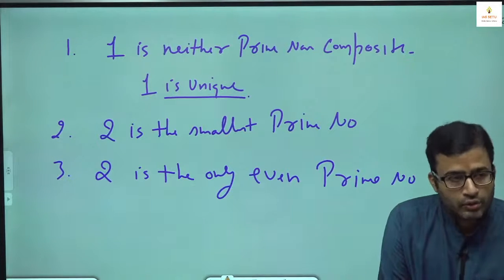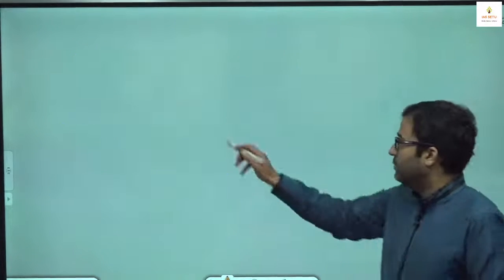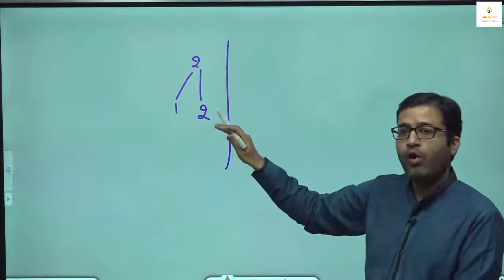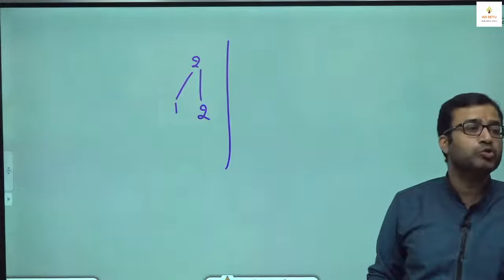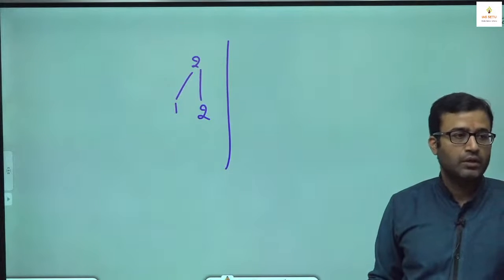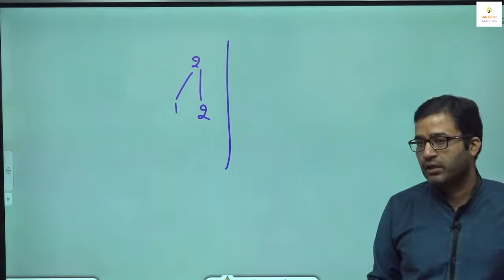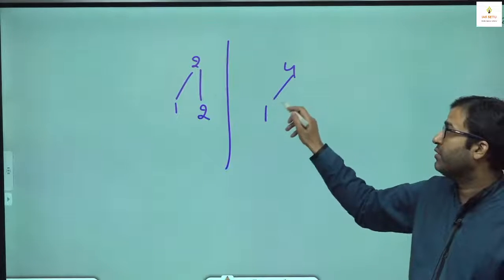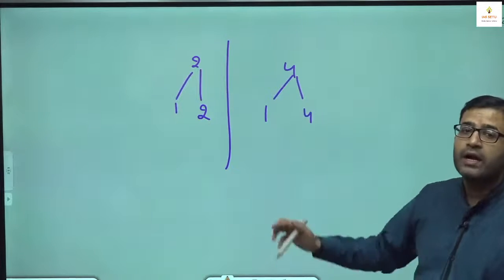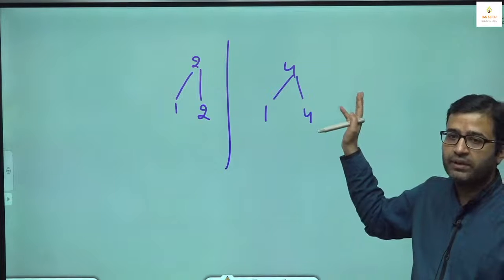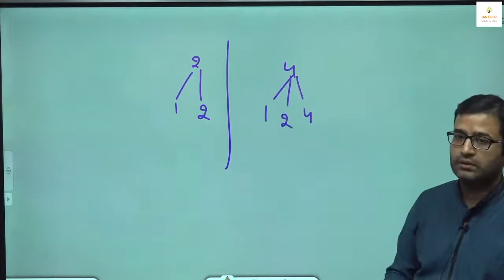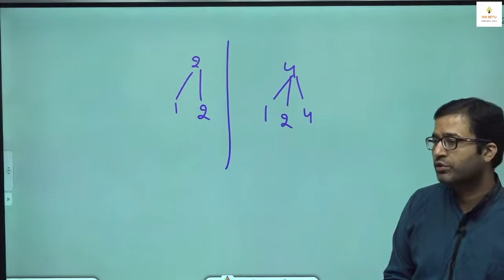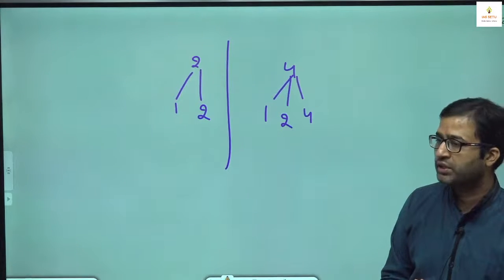Because 2, an even number, is divisible by 1 and 2. After 2, all the even numbers are divisible by 2 as well. Take any even number after 2, for example 4. 4 is divisible by 1, 4 is divisible by 4, and all even numbers are divisible by 2 as well. So it will have more than 2 factors. The moment it has more than 2 factors, it becomes a composite number.